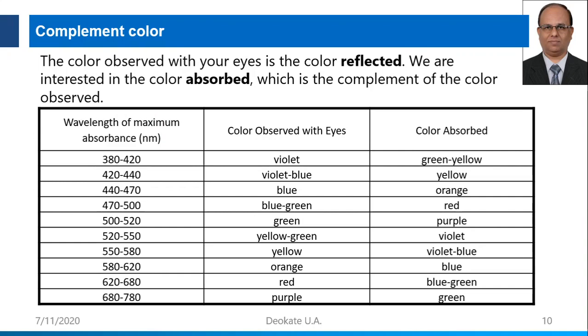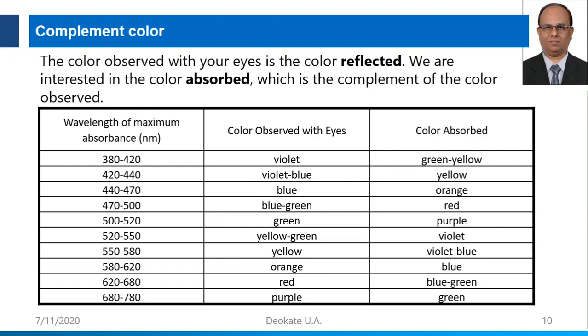So we are not interested in what color is observed, but we are interested in what color is absorbed, because these radiations will fall on the matter and it absorbs those radiations, and the amount of radiation absorbed is important for analytical purposes. So the color observed with your eye is the color reflected.